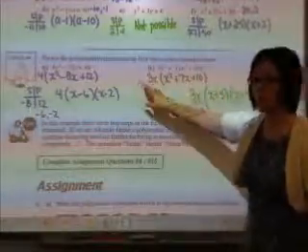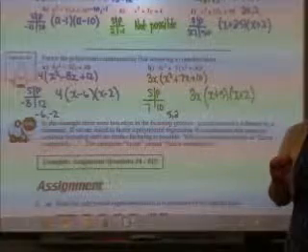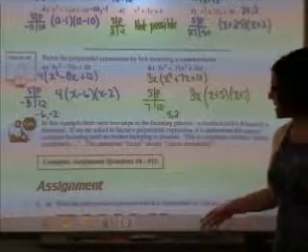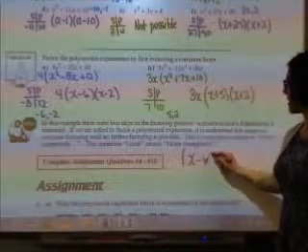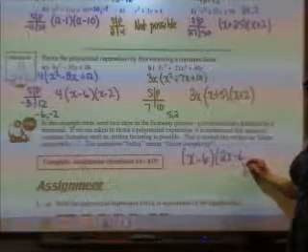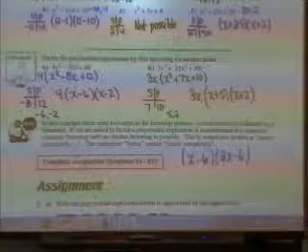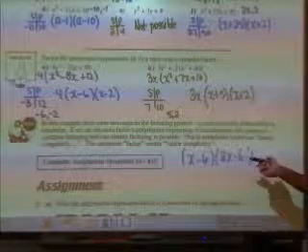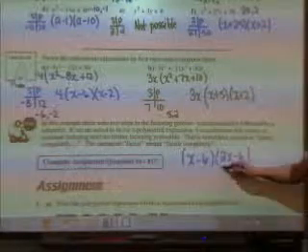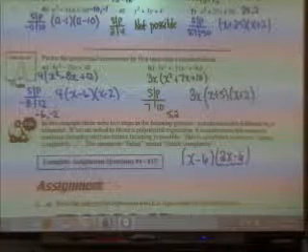It means remove a greatest common factor. Grade 11s were working on a quiz, and one of the questions, when they factored it, they got this. And most of them, I think all except for maybe one, got 1.5 marks because this is not factored completely.